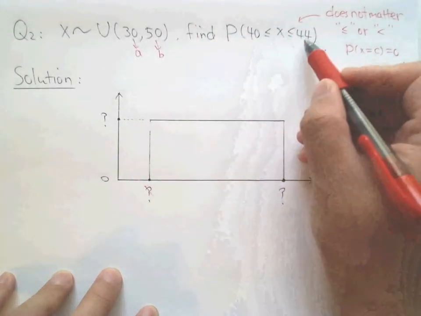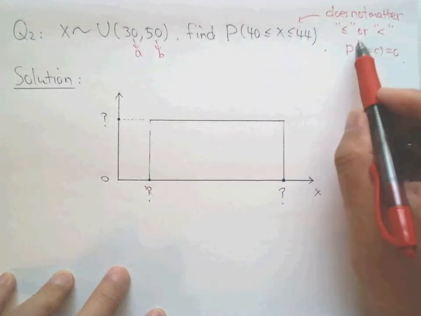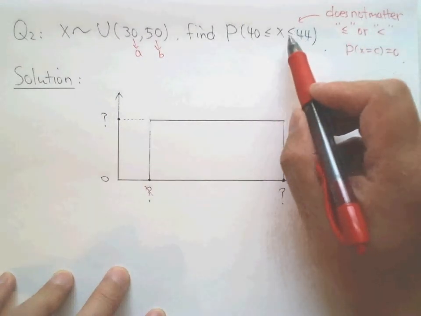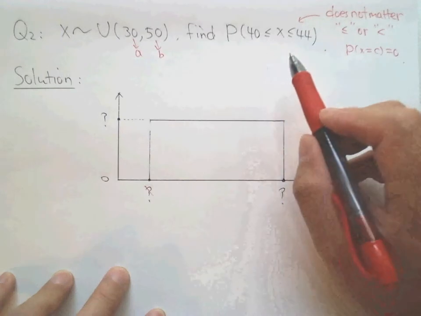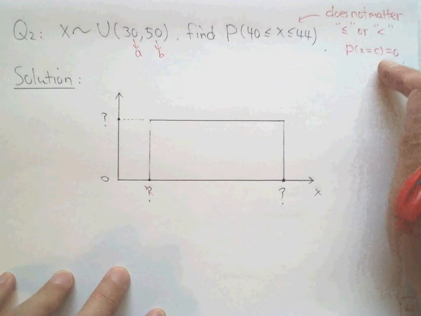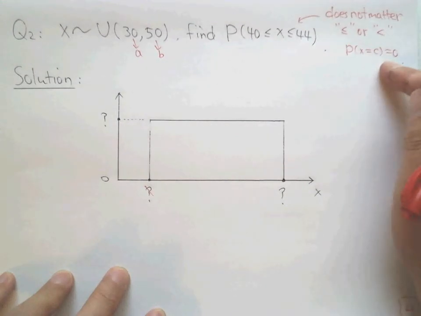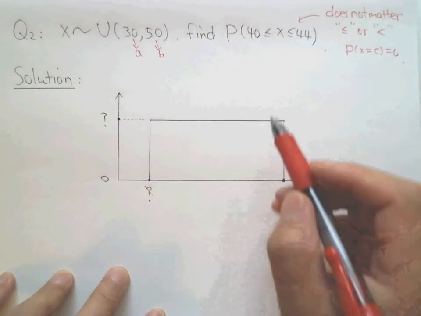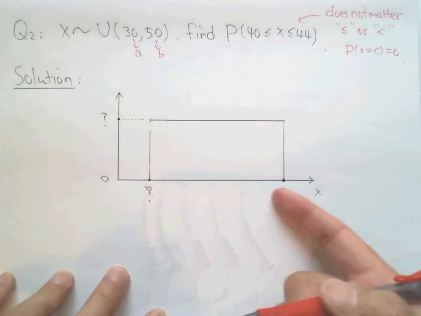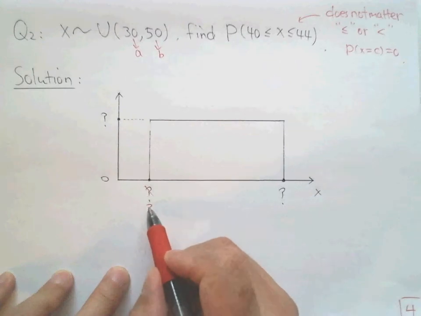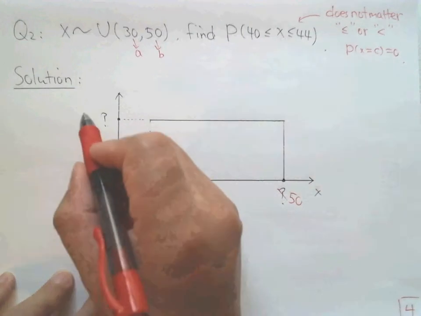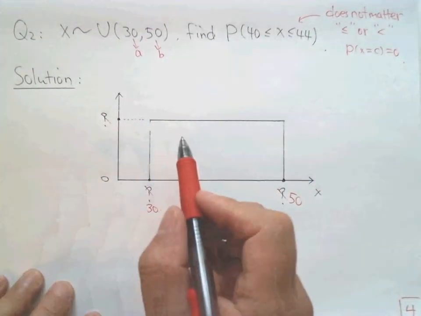This is B, okay? And this is C and this is D. Remember, it does not matter whether you use less than or equal to, or less than, they are the same. Why? Because one single point does not affect your probability, because one single point has a probability of 0. We did that before, right? So no matter about this. And now the first step, figure out the big box. This is A, which is 30. This is B, which is 50, right?